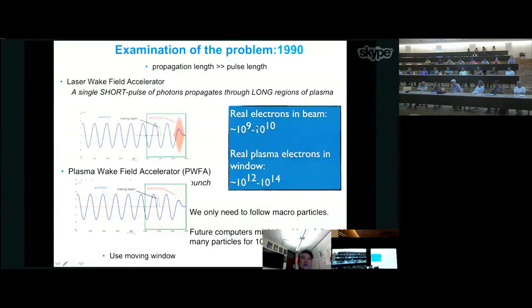And we realized even back then that computers were going to evolve and that someday I could actually model and follow this number of electrons in the beam, this number of electrons in the plasma, for 100 thousand or so time steps. You don't necessarily need to follow every particle, but it just meant that one-to-one or full-scale modeling of experiments was going to be possible if we developed a moving window.